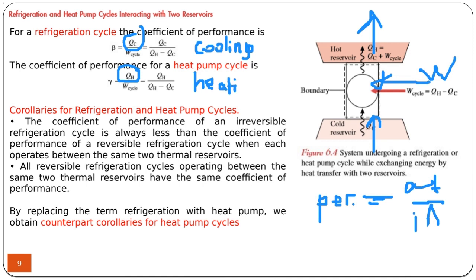And actually, if you compare them, you will see that performance in heating mode is equal to performance in cooling mode plus 1. So you can check it yourself. There is a relationship between the heating mode and cooling mode. Heating performance is always higher than the cooling mode because of this calculation.